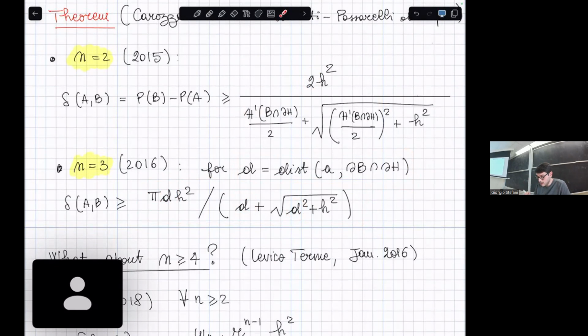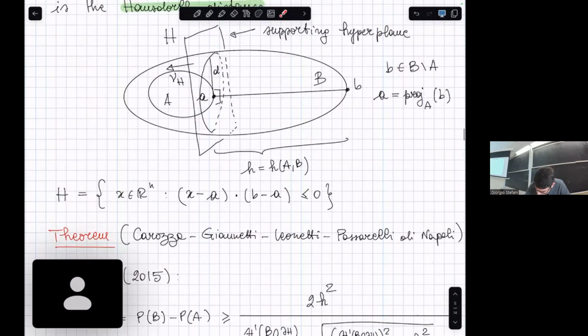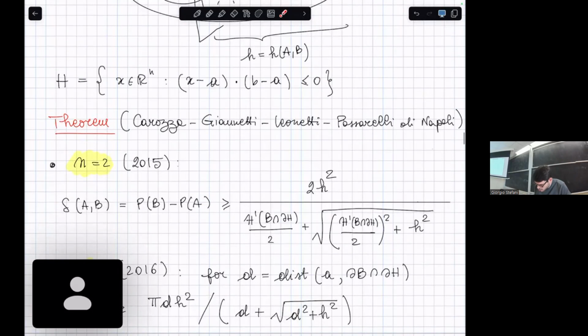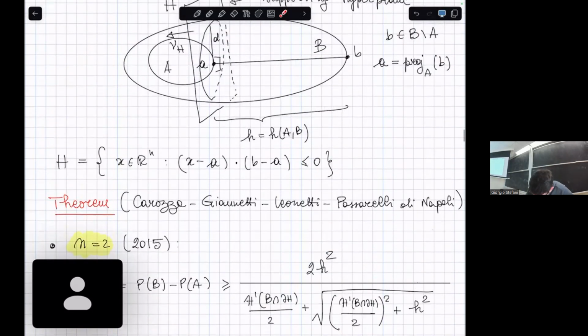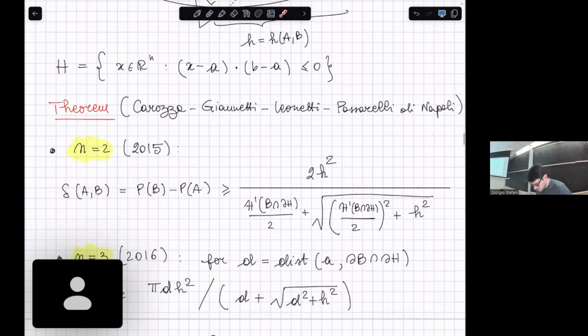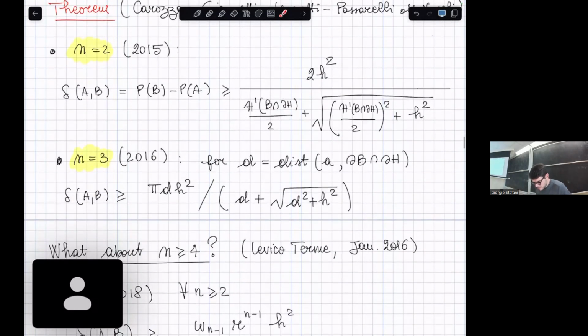Now we are in dimension 3. So what is the correct picture? Here you take this curve, gamma, which is the boundary of B intersected with the boundary of H. Okay. And you take the minimal distance between the point A and this curve, gamma. It can be 0, okay, generically speaking.